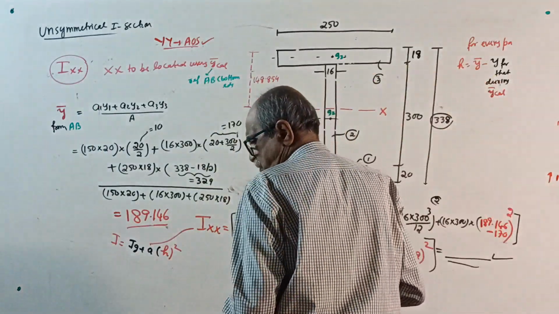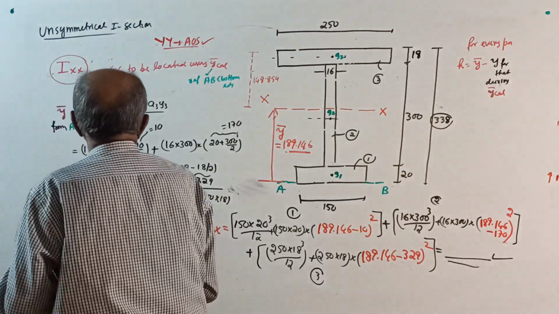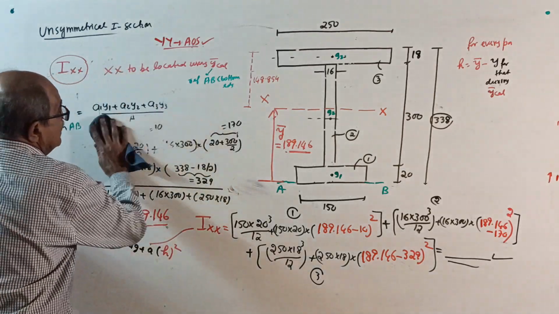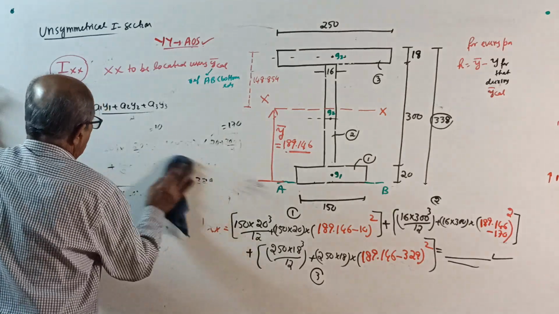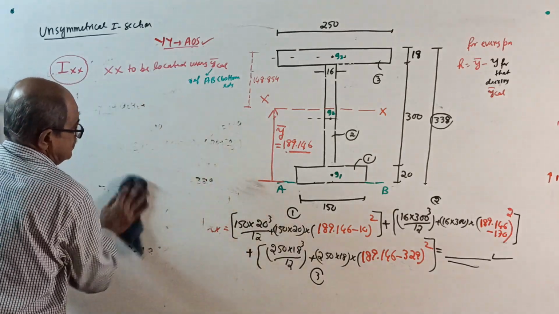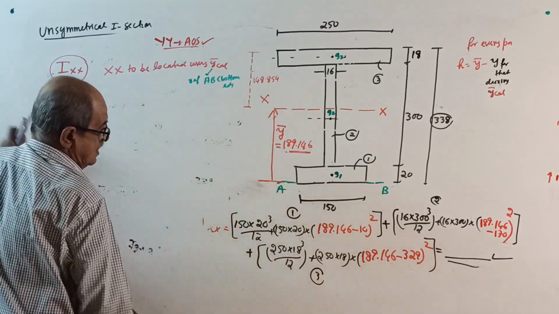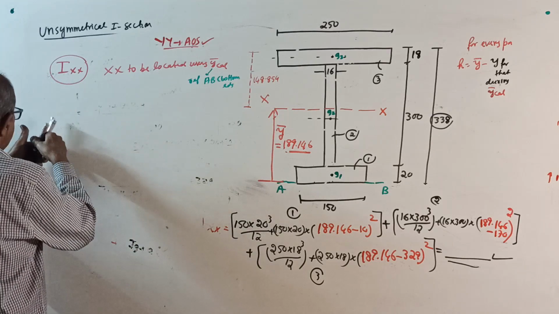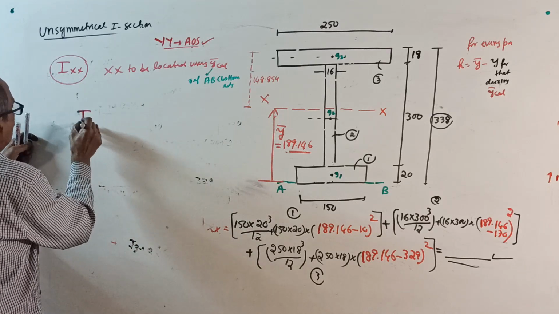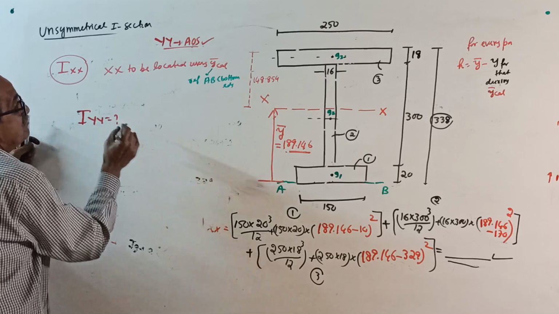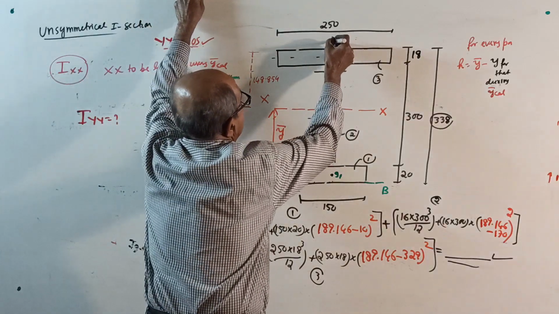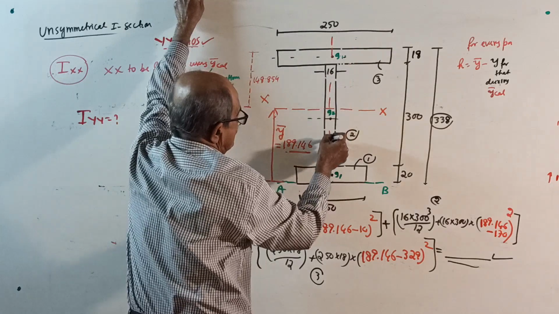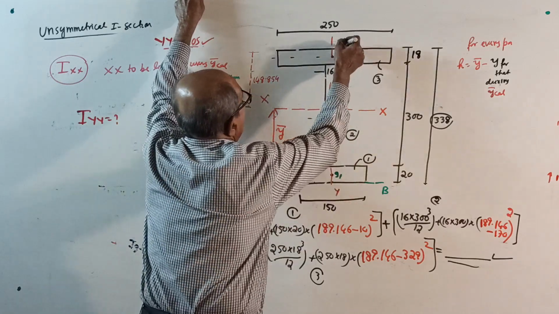Now, I about yy. Just now I told, once this is over, now I about yy. Very fast over, see. I about yy, red color. How much? First mark yy. Oh, it is the axis of symmetry.